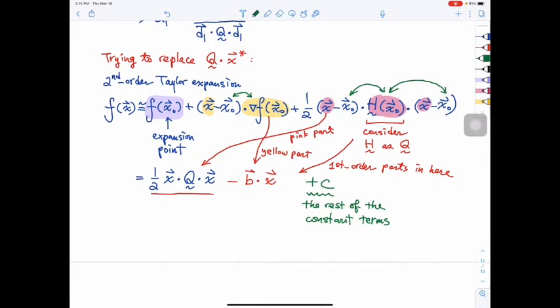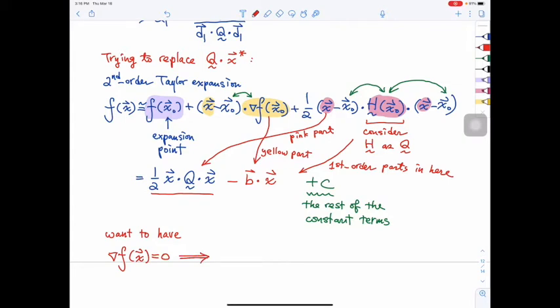Okay, once we have this, remember we always want to make sure our optimal is found at first order derivative equals to 0. So we want to have gradient f equals to 0. When we have this, we have optimal. Okay? So what does it mean?